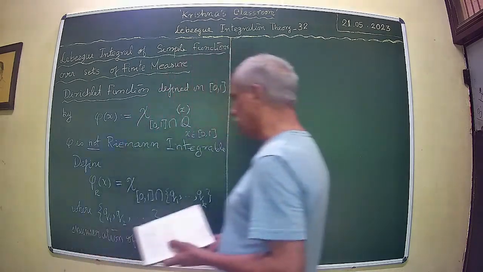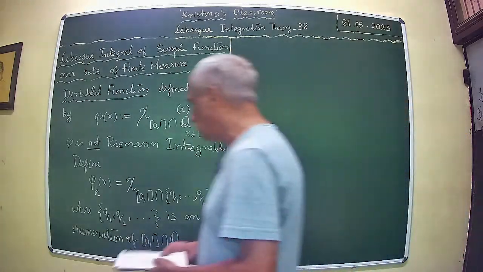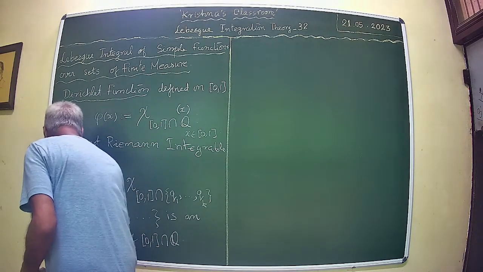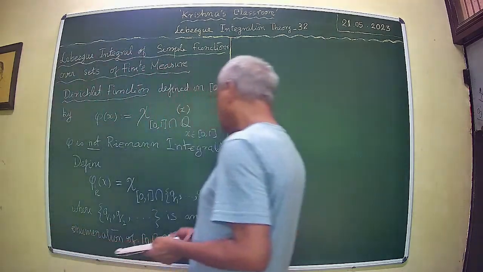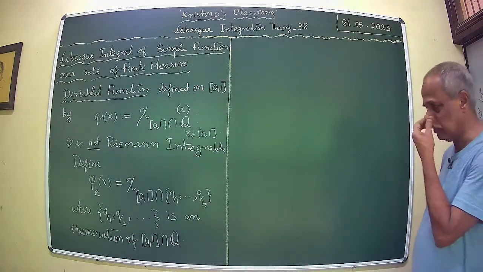You know that this is a countable collection, so this is an enumeration of the set of all rational points on this interval.